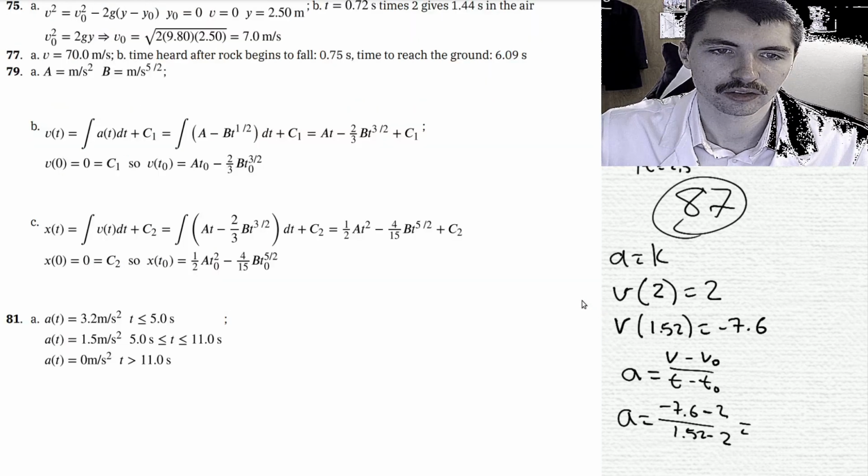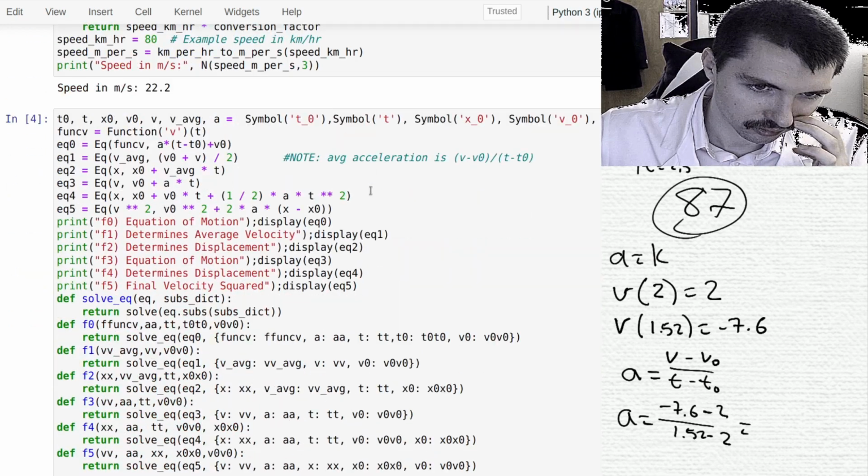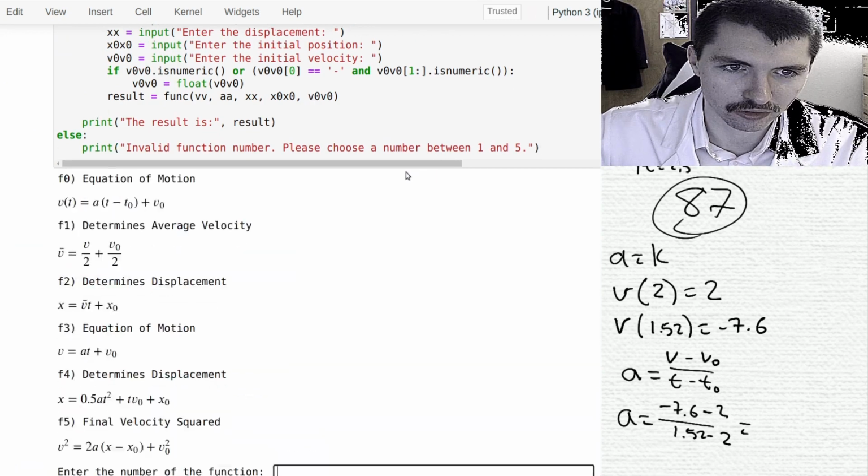I think I had the calculator I added last time. Okay, so we should be able to use equation 0.